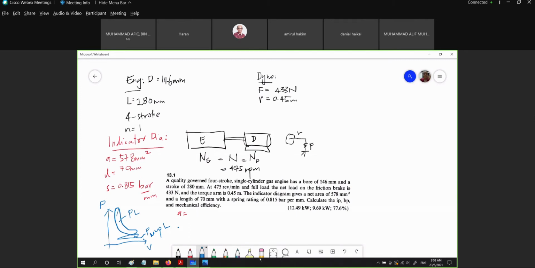This is the area for the pumping loop, minus, sorry guys, not pumping loop. Power loop minus the pumping loop area.